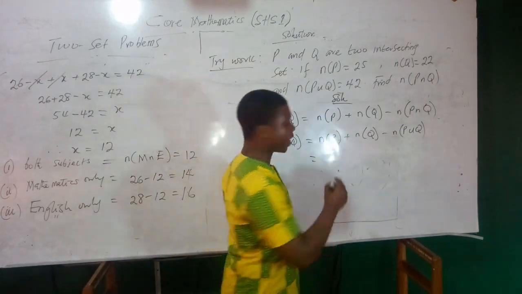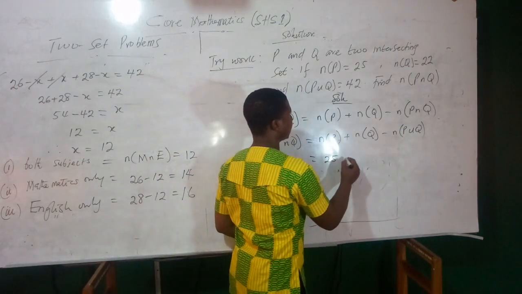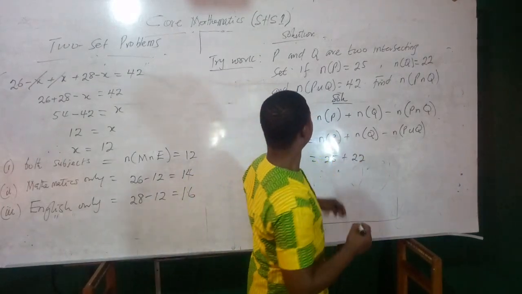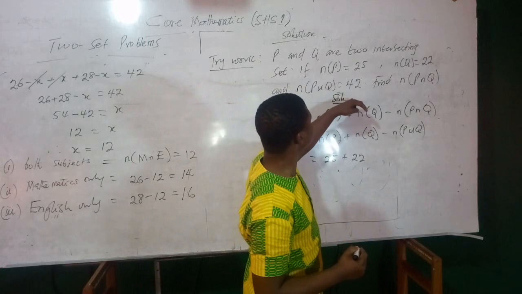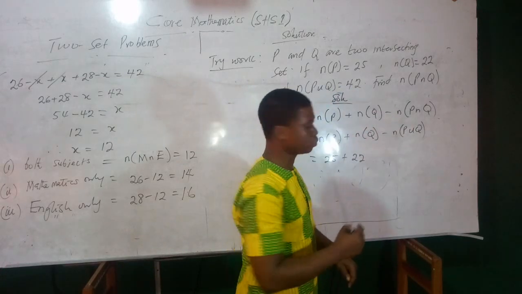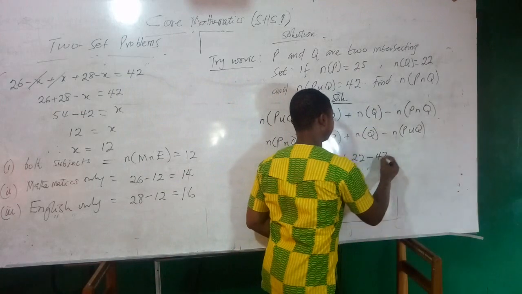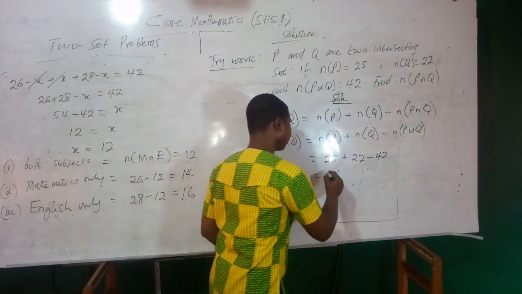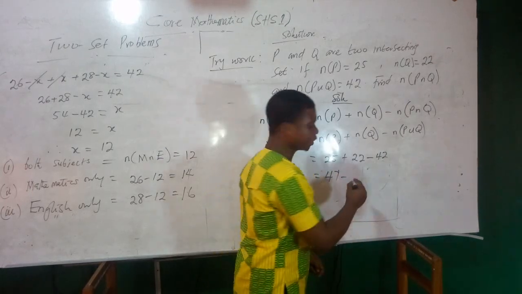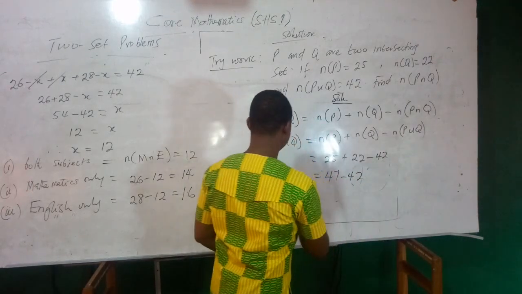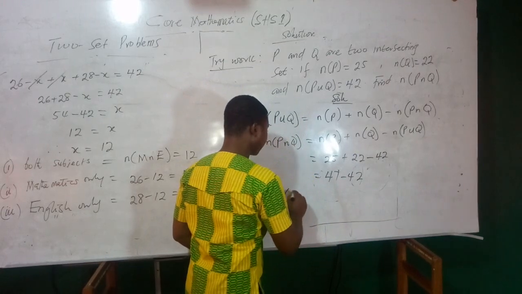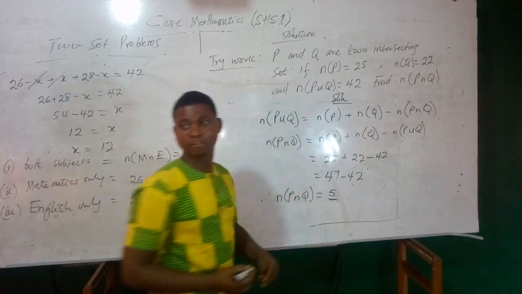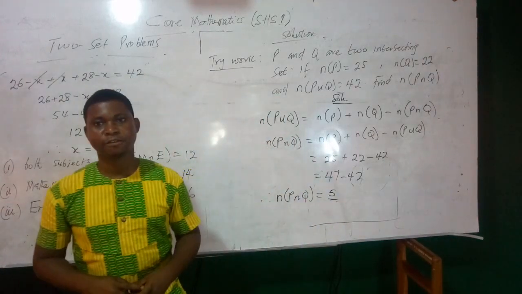So n of P is 25 plus n of Q is 22 minus n of P union Q is 42. So we have 47 minus 42. Therefore, n of P intersection Q is 5.